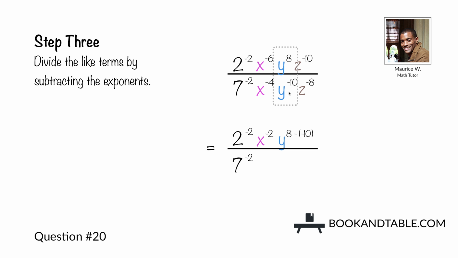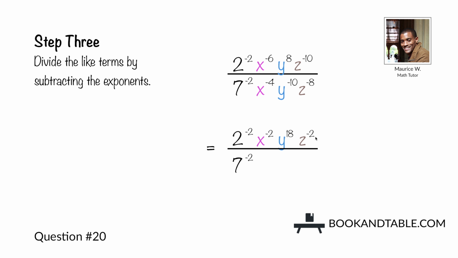For our y's, we have y to a power of 8 divided by y to the negative 10. 8 minus negative 10 will wind up being 8 plus 10, which is 18. Then z to the negative 10 divided by z to the negative 8 is equal to negative 10 minus negative 8, which is negative 10 plus 8, which is negative 2.